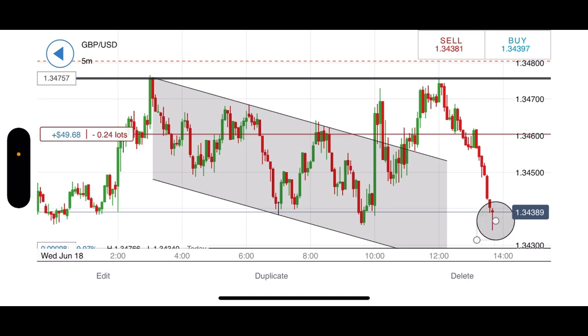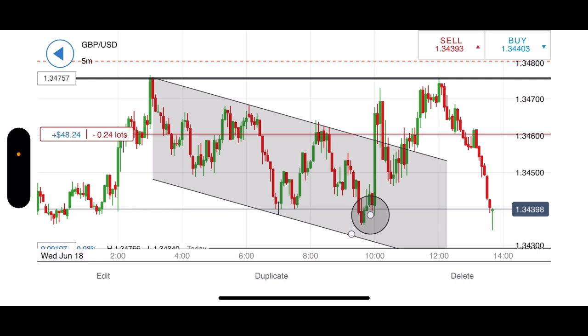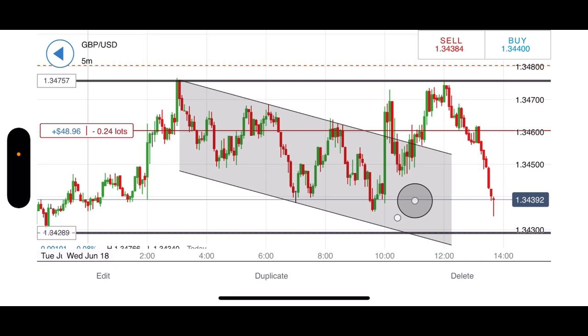This wick has gone below where we hit the low just before 10 a.m. So it's still got a ways to go, as you can see, to get down to this line, and this is just a wick, not the candle body. But it's been an interesting trade and continues to be an interesting trade.